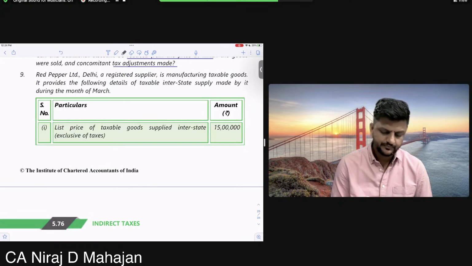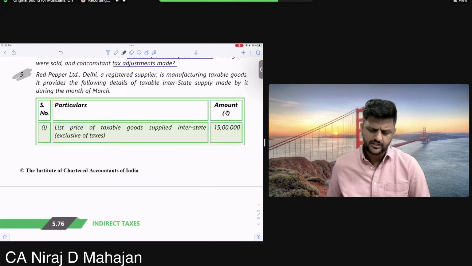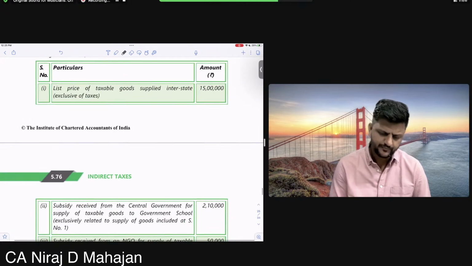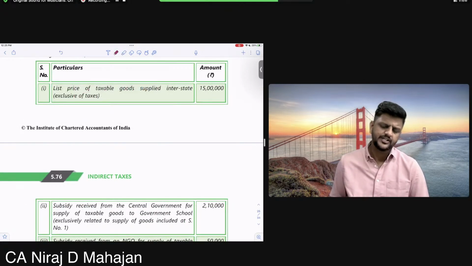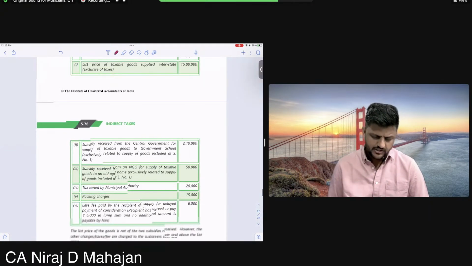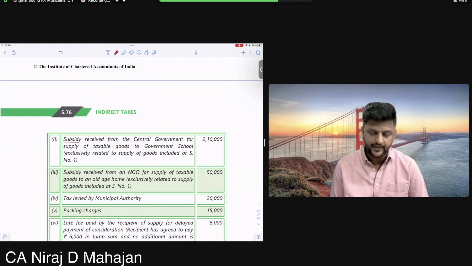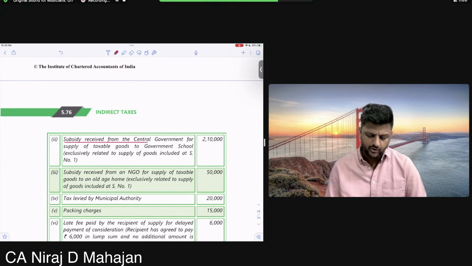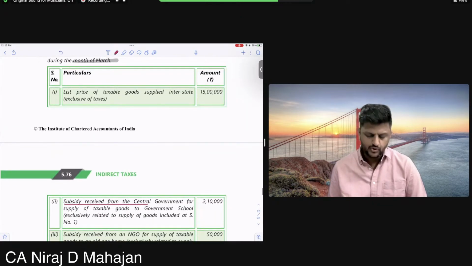Red Pepper, Delhi, a registered supplier is manufacturing taxable goods. It provides following details of taxable interstate supply made during the month of March. Ready? All of you? List price of taxable goods supplied interstate, exclusive of tax, 15 lakhs. Pay attention now. Subsidy received from central government for supply of taxable goods to government school, exclusively related to the supply of goods including serial number 1, 2,10,000.